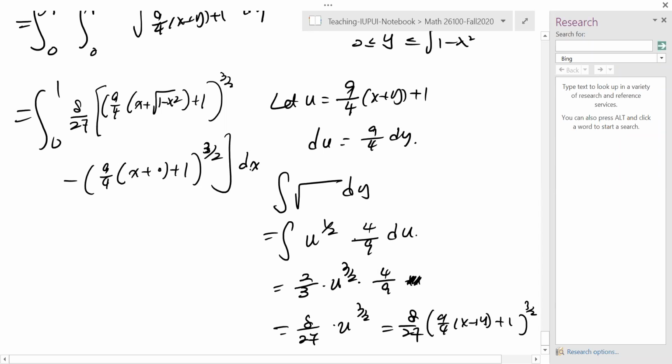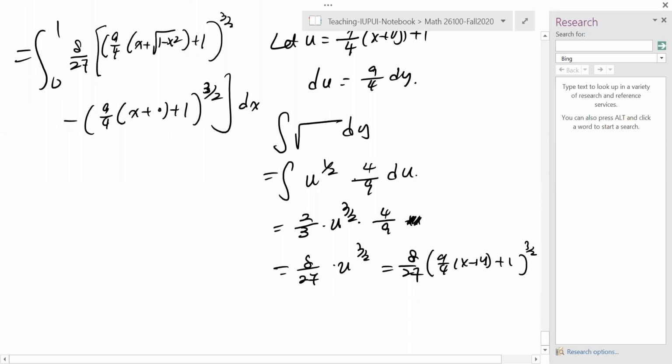All right, so you have to stop here. We are not able to evaluate this surface integral with the traditional method.